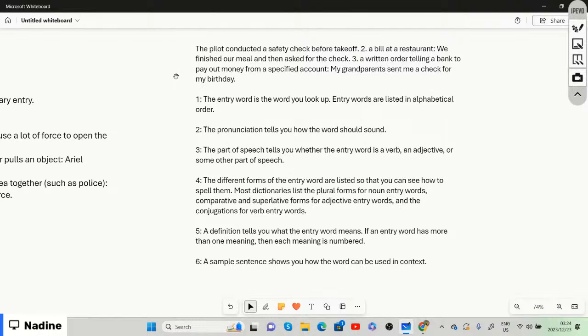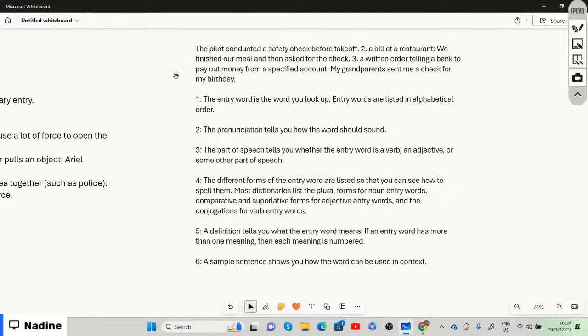Or if you're looking up a specific word, they'll tell you the plural form of that word. Not all dictionaries do, but most dictionaries will. So they'll give you the plural forms for noun entry words.